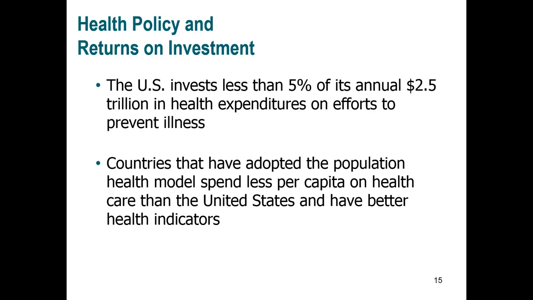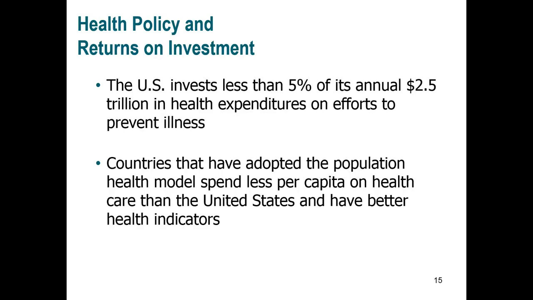And this is what I had talked about before. So, if you sit back and take a look at it, common sense really tells you that we need to spend more money on population health policies to be able to prevent chronic disease and to prevent determinants or detriments of health, right?